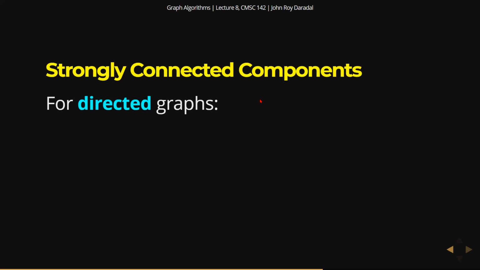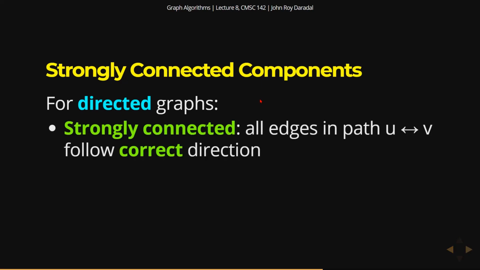Okay, so it's also connected component, but this time, this is for directed graphs. Okay, earlier we were given an undirected graph, but this time it's already a directed graph. So the edges will have direction. Okay, so for directed graphs, we say that it's a strongly connected component if all edges in the path from U to V follow the correct direction.